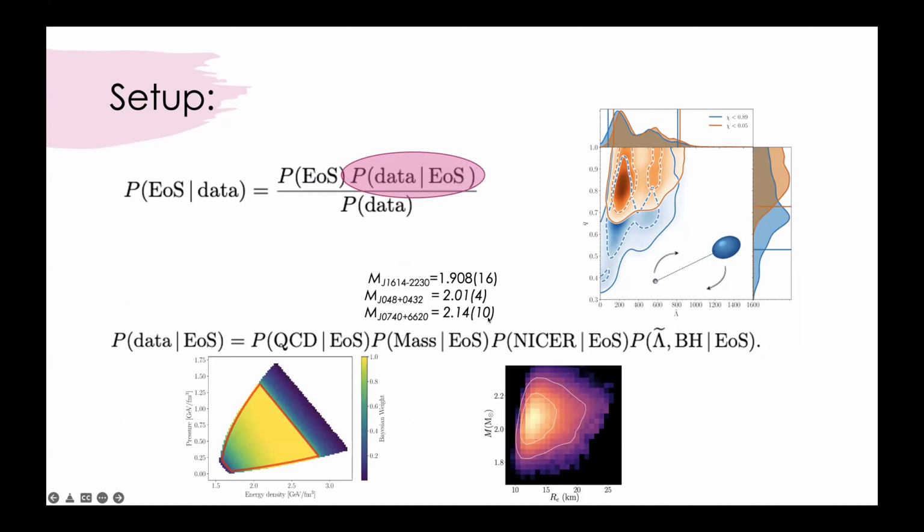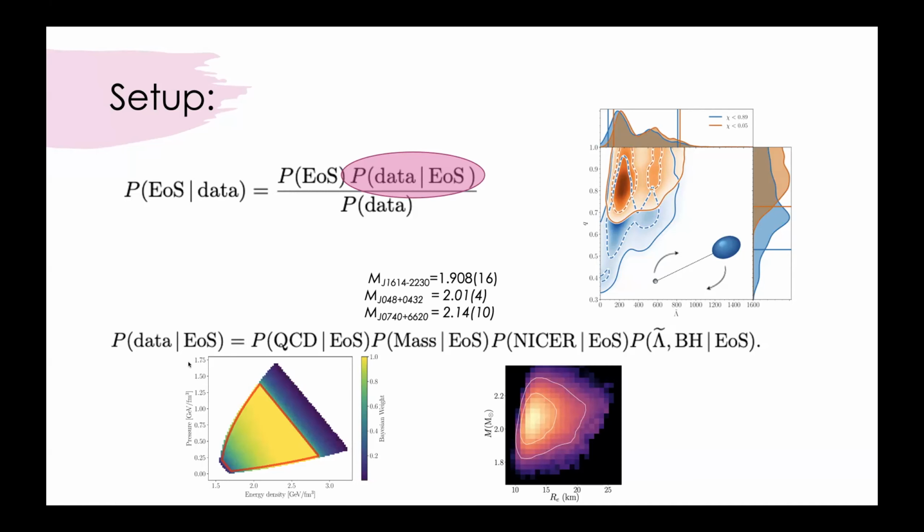We use the mass measurements from radio telescopes, and we use the mass-radius measurements from X-ray telescopes from NICER. So these come from pulsars, and we use the information that we have from the tidal deformability coming from the GW170817. And this is all quite standard, following many works in the field.